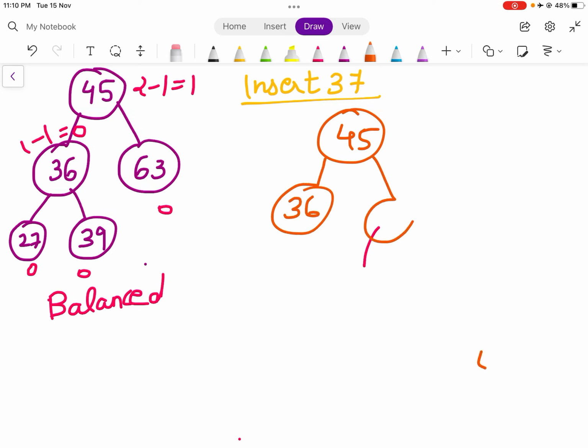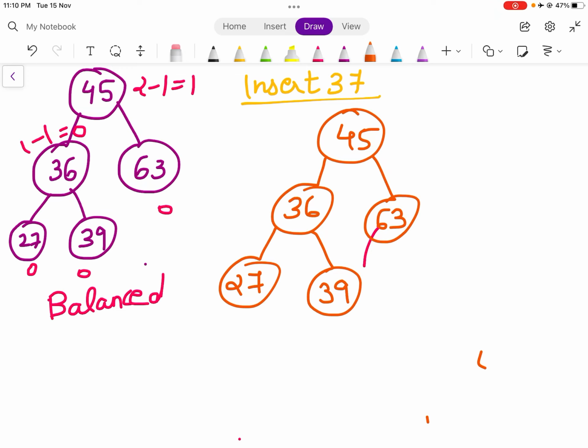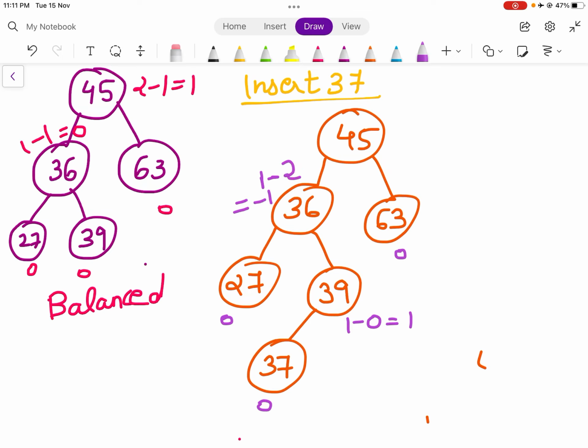45, 36, 63, 27 and 39. 37 is lesser than 45, so to the left of 45. 37 is greater than 36, to the right of 36. 37 is lesser than 39, so to the left of 39 you will have 37. Now the balance factor will be 0, 0, 0. 1 minus 0 is 1. This will be 1 minus 2, which is minus 1.